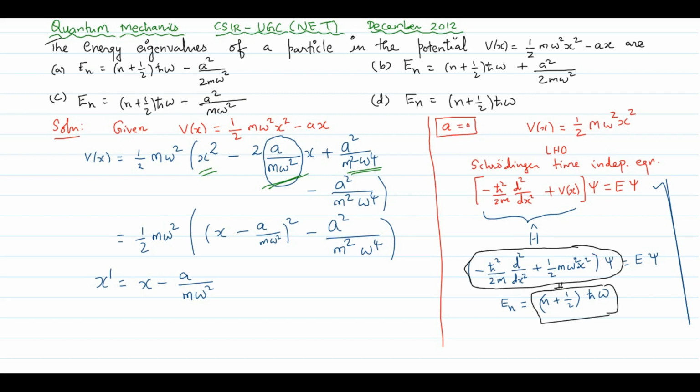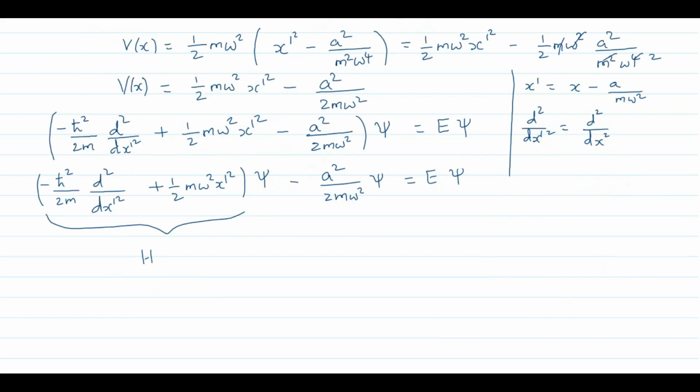So for this term I am going to substitute n plus half h bar omega psi, this term into psi, minus this term a square by 2m omega square psi, which is equal to E psi.